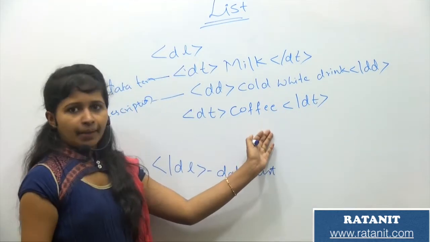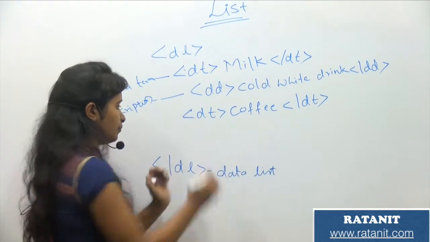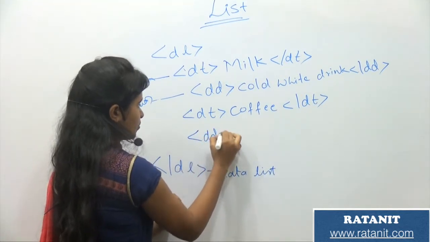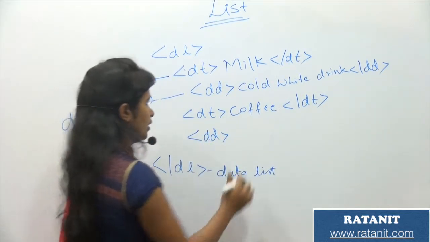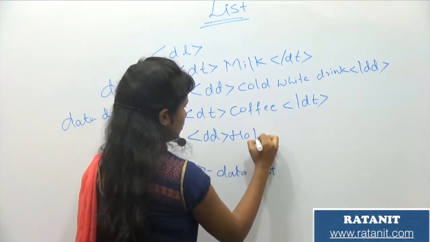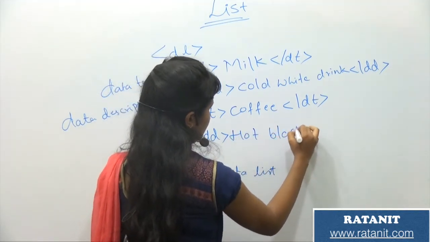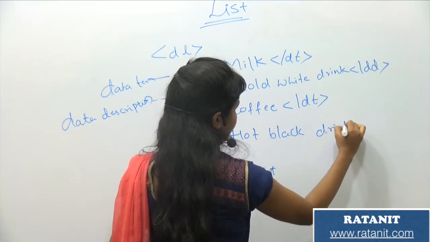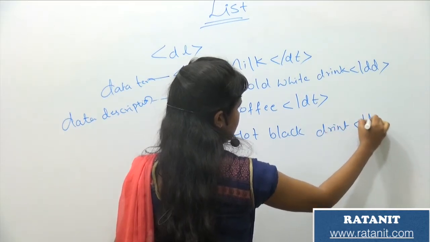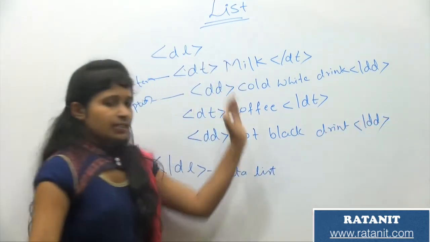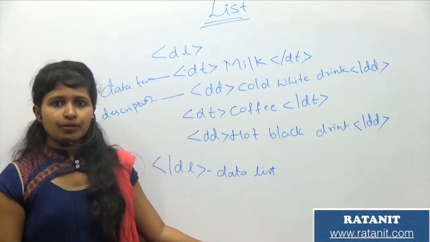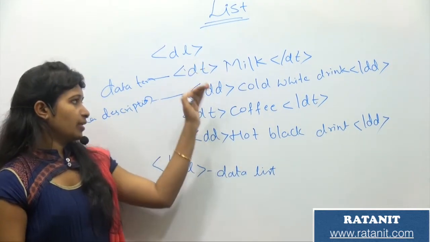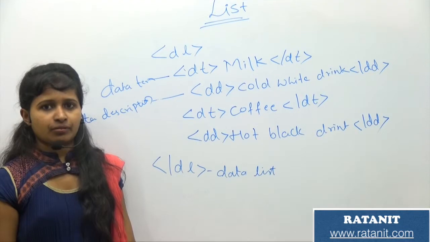I need to define it, that means I need to give a description for this coffee, and that is hot black drink. This is the way we write a program using data list, data term and data description.